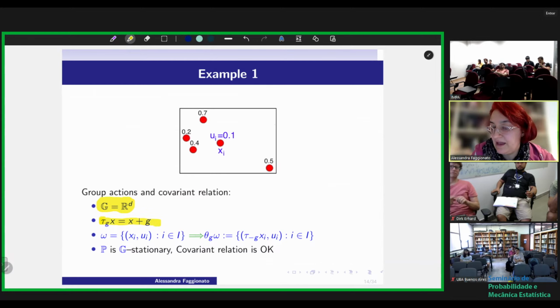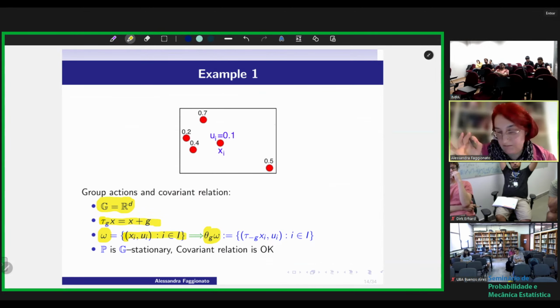And you can define a translation of omega, which is a sort of environment. Given omega of this form, theta_g, the action of the group element small g on omega, is obtained by translating the points xi by tau minus g, and each point keeps its marker.